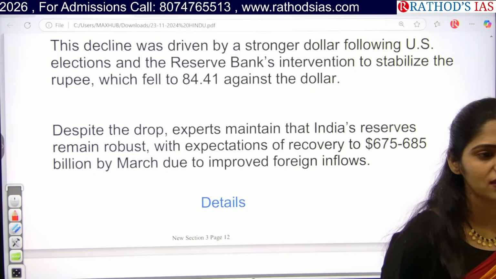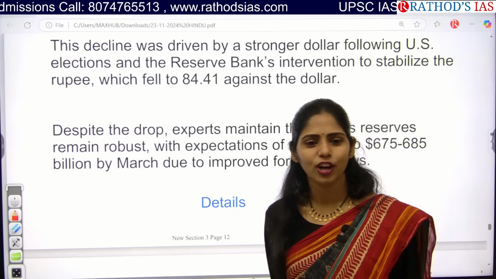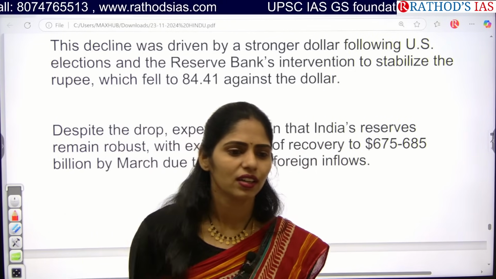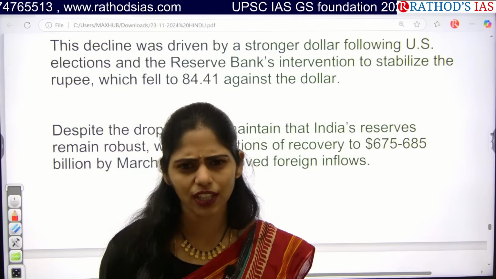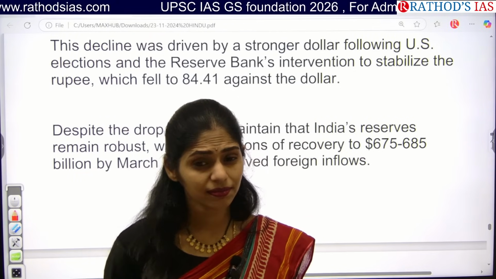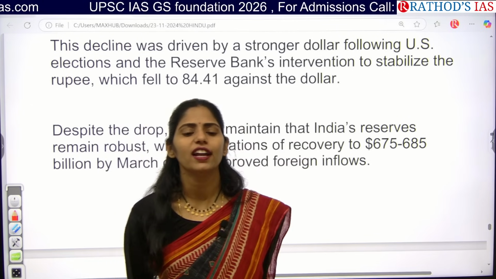Then what happens? Yes, it affects our economy. How? In how many ways? Think, you can do it. Okay. So there is decreasing of value of rupee.